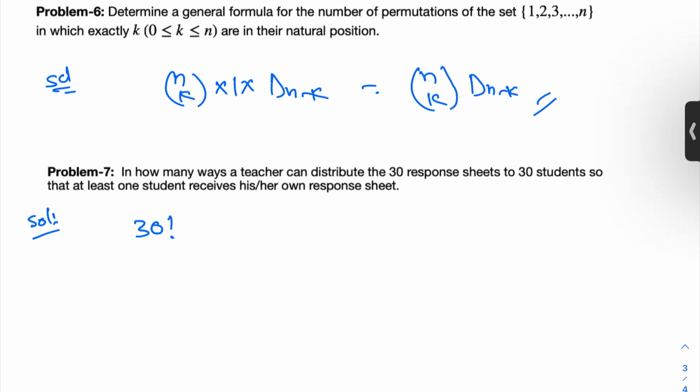Okay, so that's going to be simply derangements. That will be d30. Okay, the answer is 30 factorial minus d30. Total distributions are 30 factorial. The distributions that we don't like are d30. Okay, so by the subtraction principle or complementation principle, we can say that the answer is 30 factorial minus d30. Fine.